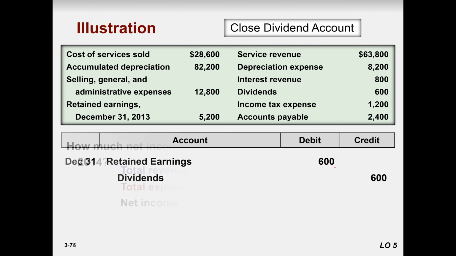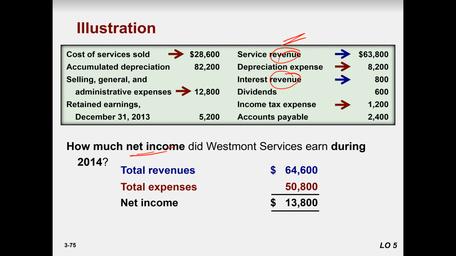So you see, net income is going to be 13,800. Or you can just say that these are two revenues and these are four expenses. You add all the revenue, add all the expenses, and just subtract. This is the net income. All right, this is the formula.